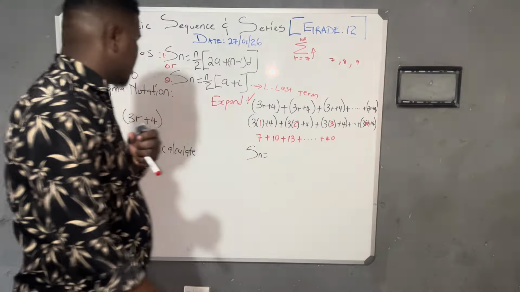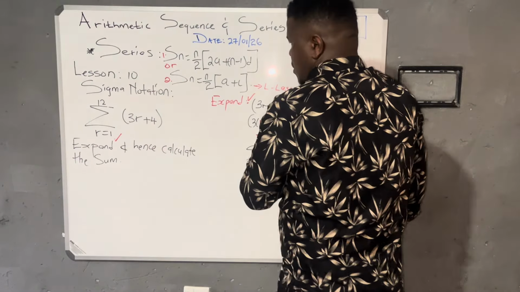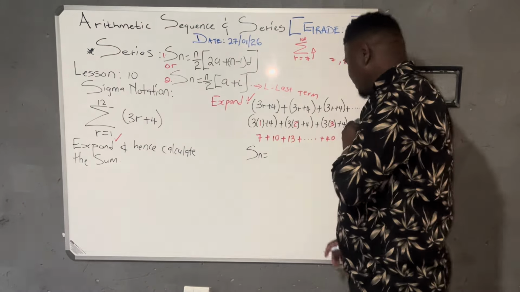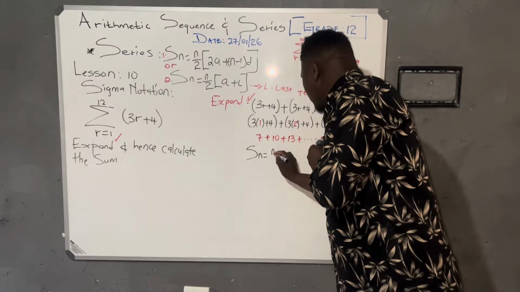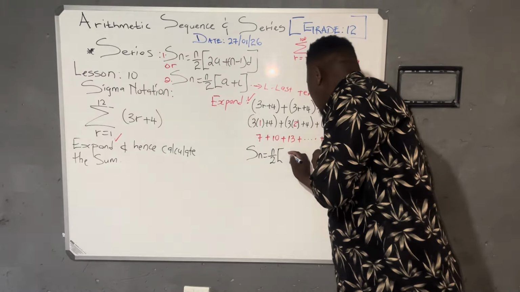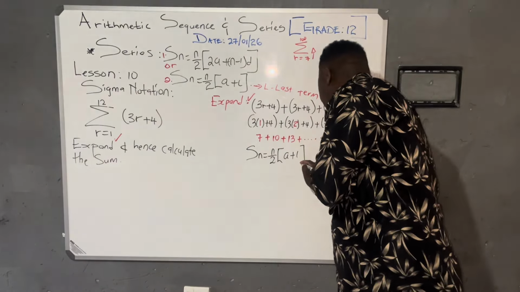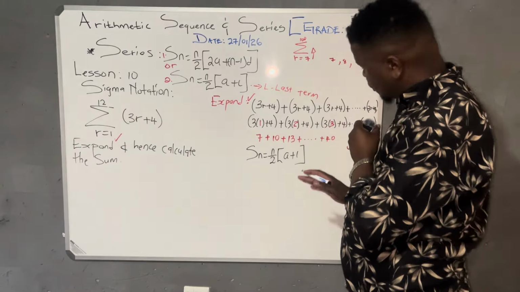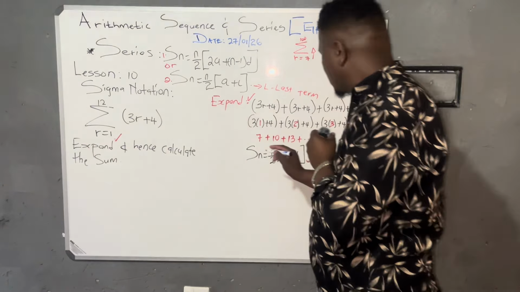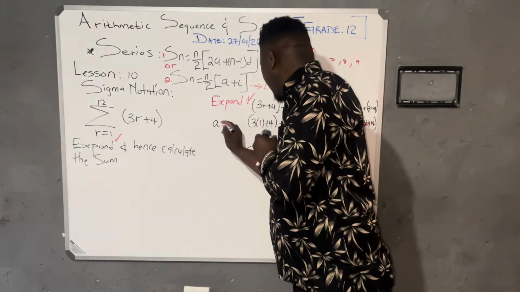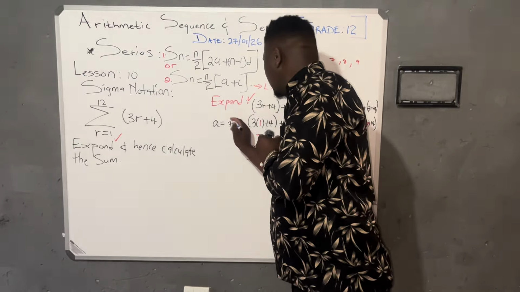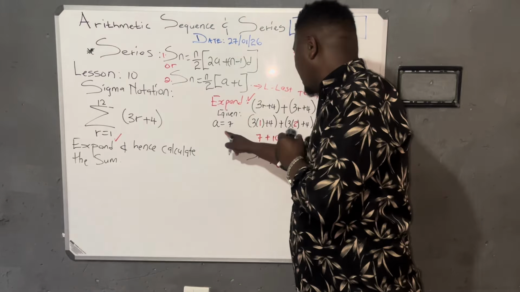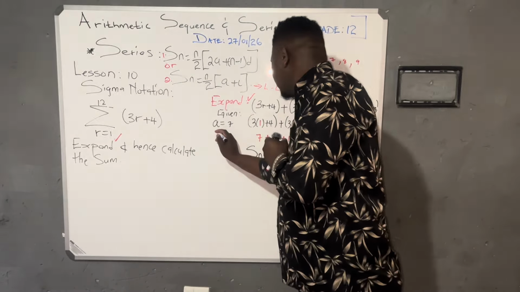Let's check. What is it that we need? I'll just use this as the formula. Again, what you need to know, in terms of given, don't forget, I almost forgot this: A is 7.